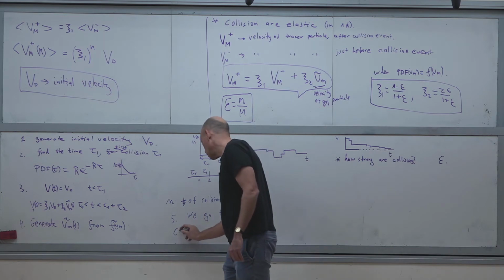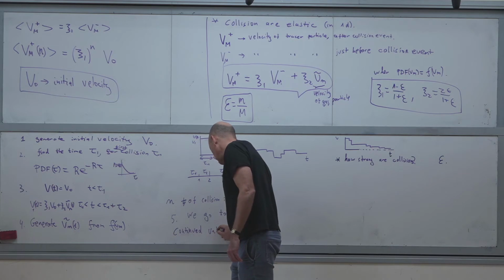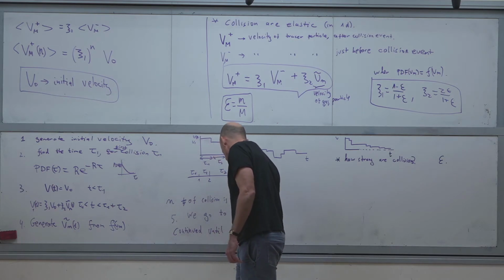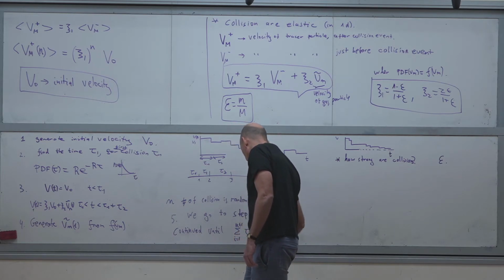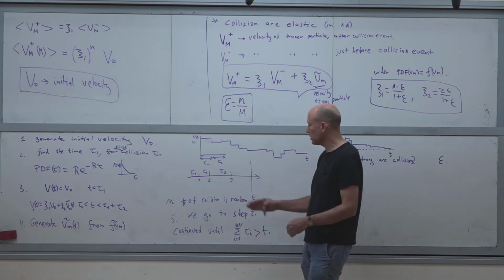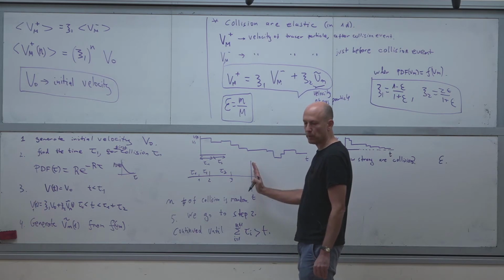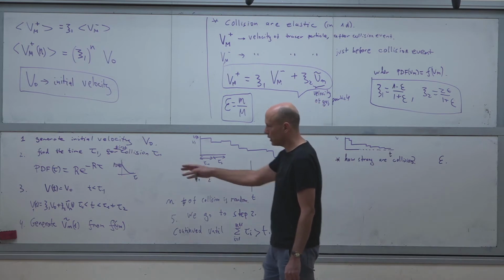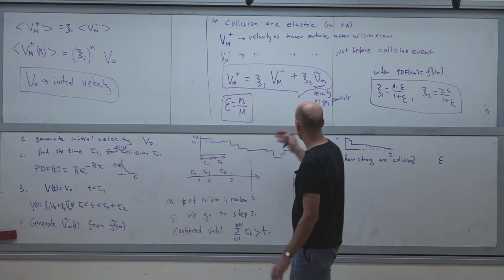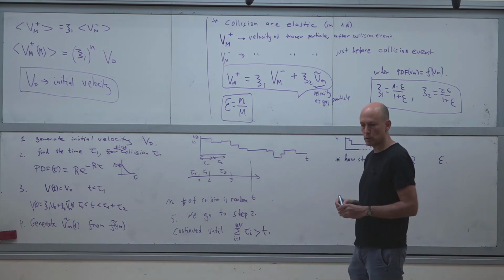This is continued up till n plus 1, this is not a mistake, is bigger than t. So you generate one step that comes over here, and then you say, oh, it's already past my bedtime, here is my measurement time. Then I stop it and I exit this loop, and this is how I can create, in principle, this type of stochastic process.